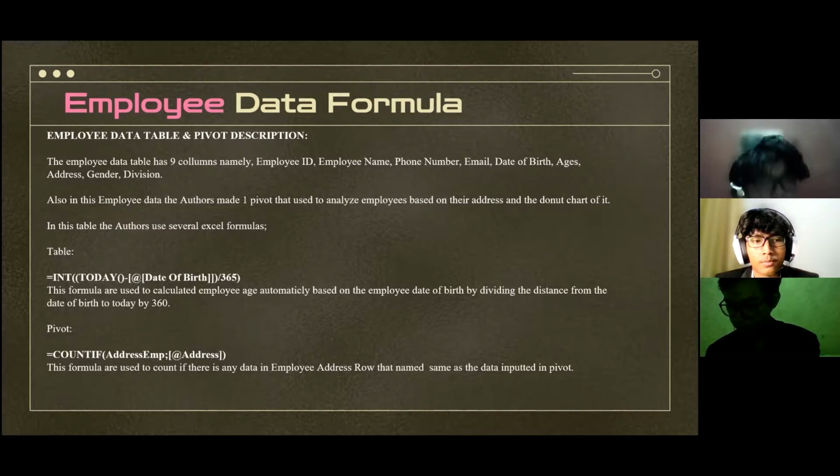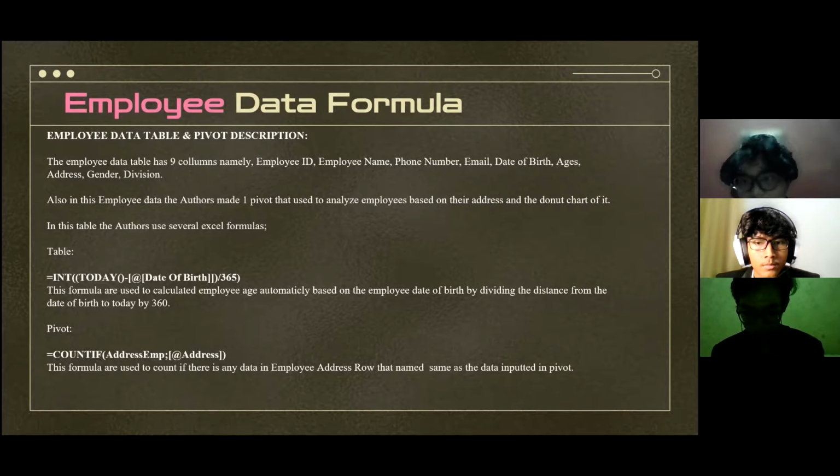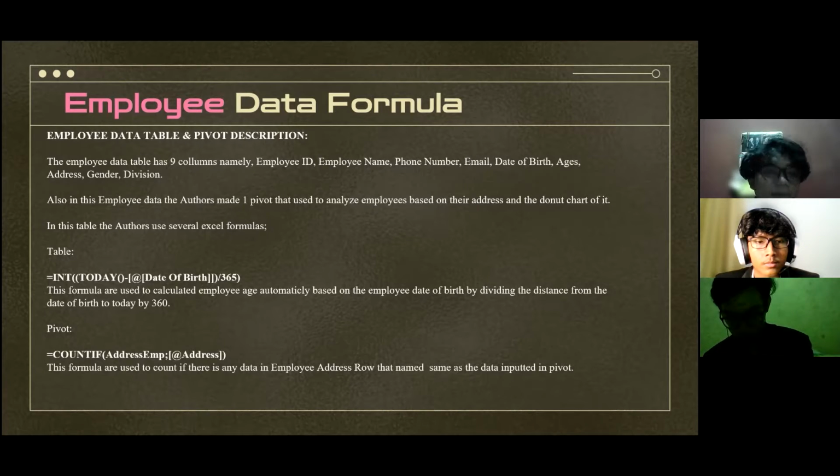In this table, the authors used several Excel formulas. In the main table, the authors use the INT TODAY formula, used to calculate employee age automatically based on the employee date of birth, by dividing the distance from the date of birth to today by 360.